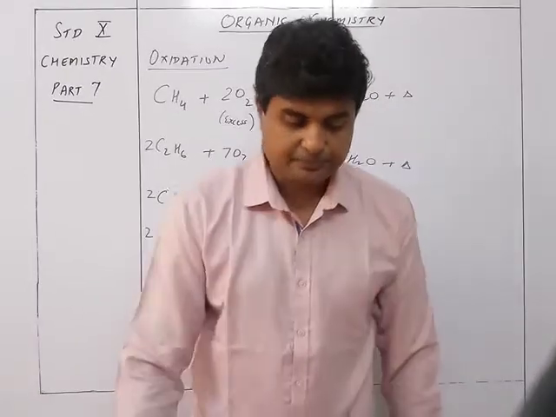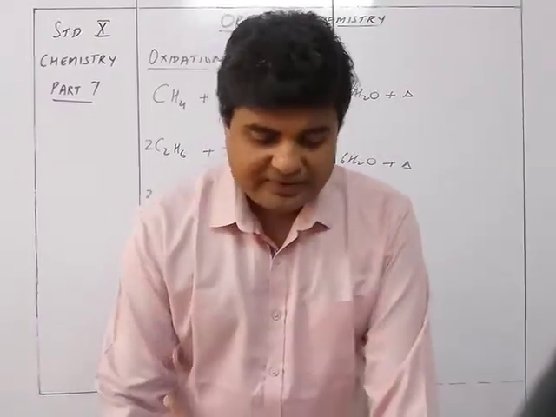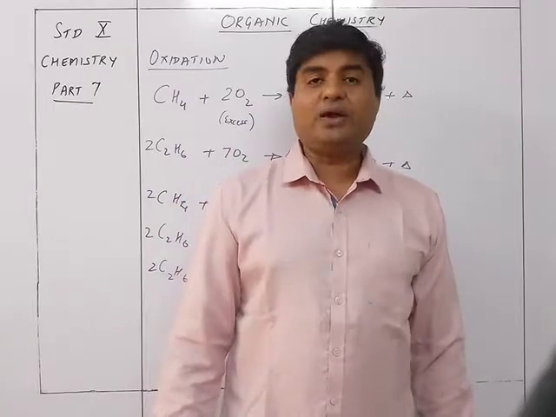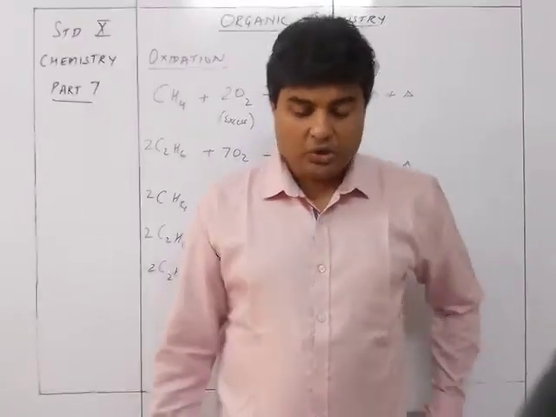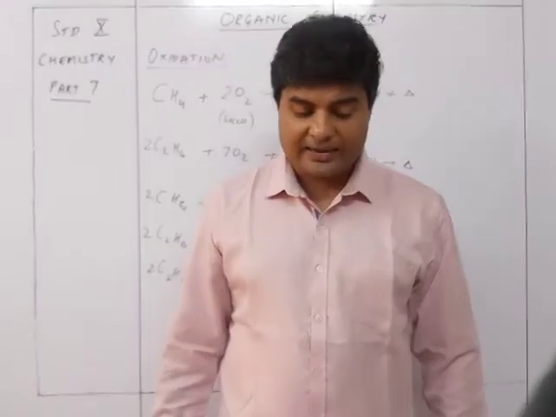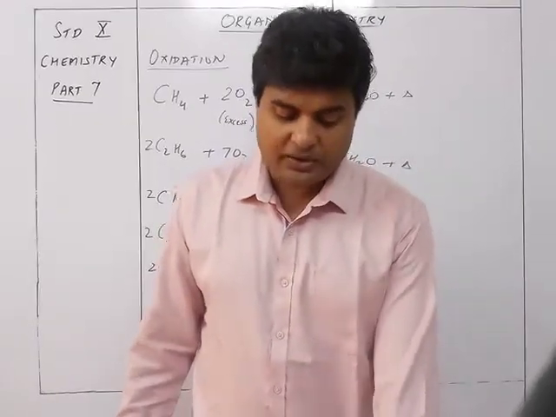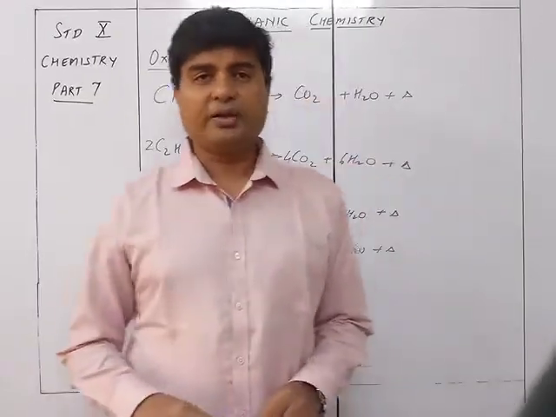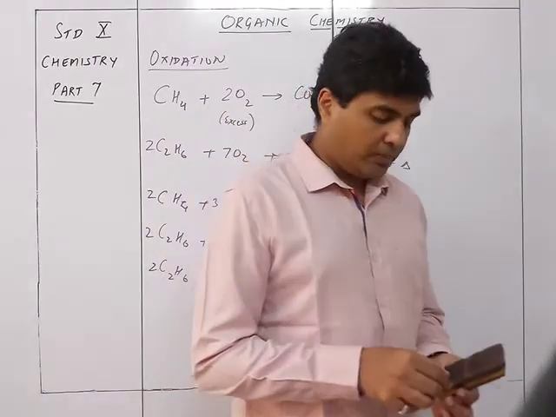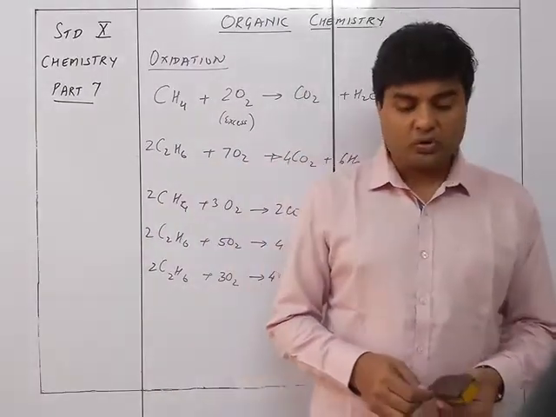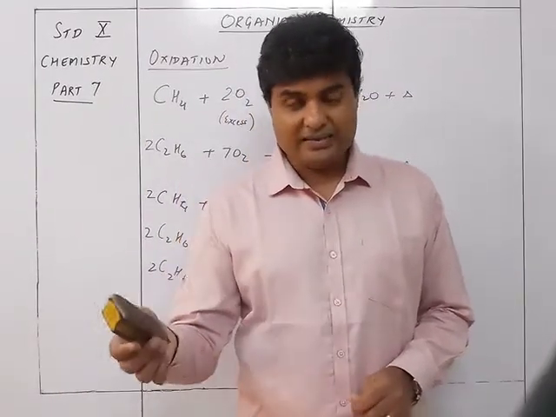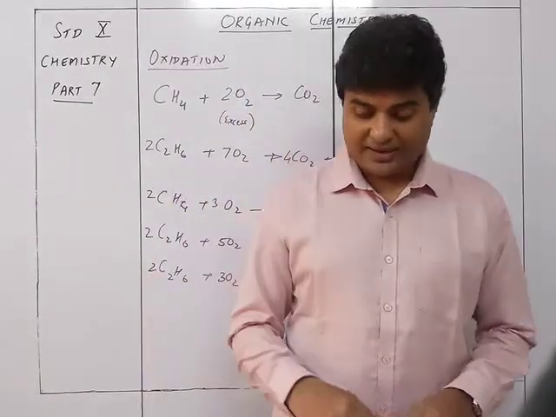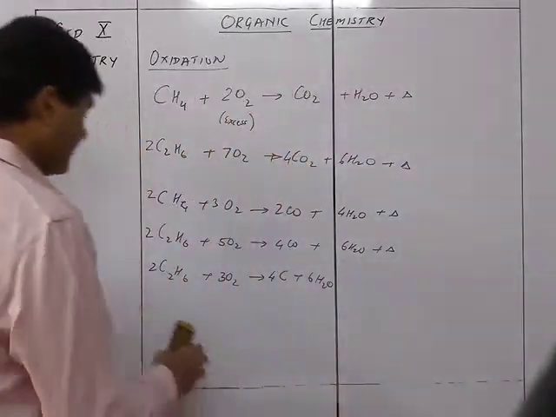The next one we see is the catalytic oxidation of methane and ethane to give you alcohols, aldehydes and acids depending on the reaction conditions. So depending on the reaction conditions, the alkane is going to get converted into alcohols, aldehydes and carboxylic acid. That's what we are going to see now.